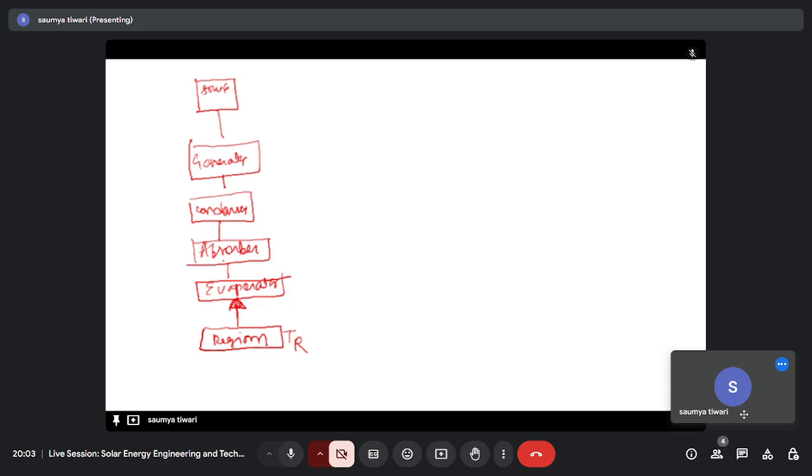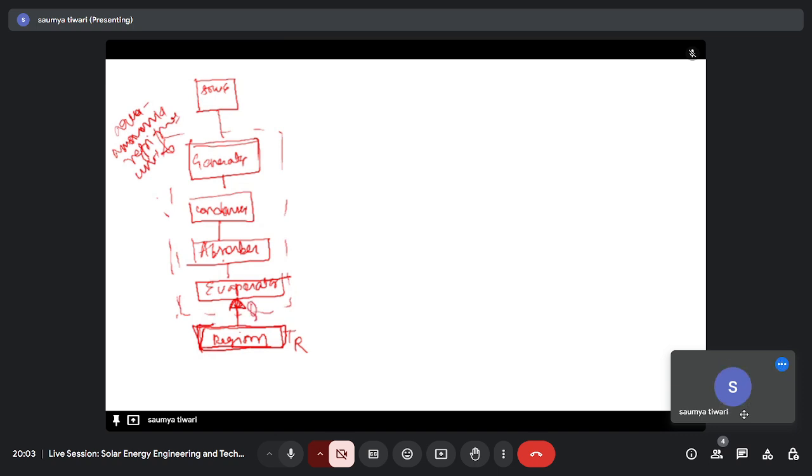Now this is your absorption unit, your ammonia refrigeration unit. These are the four main components, right. Now we'll see how heat transfer is taking place in which region. From the region that needs to be cooled, heat is taken out of the system, right.